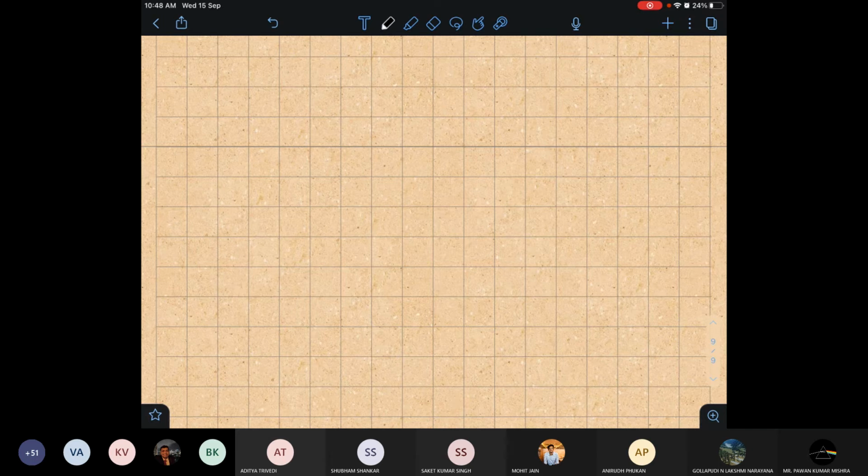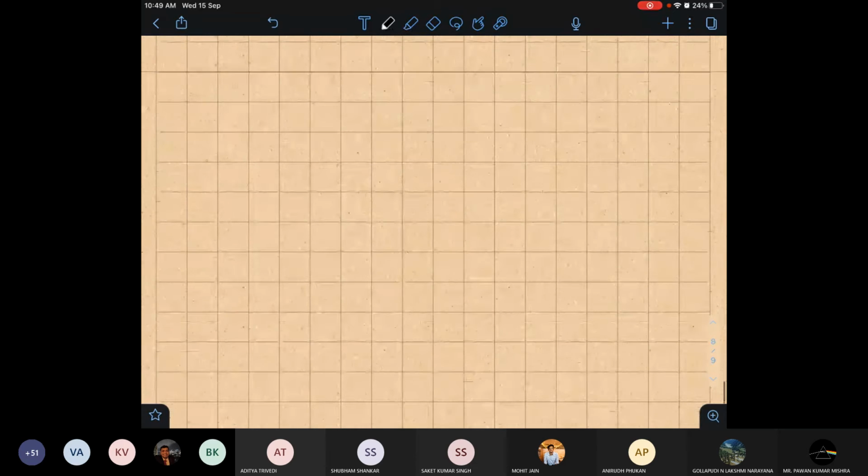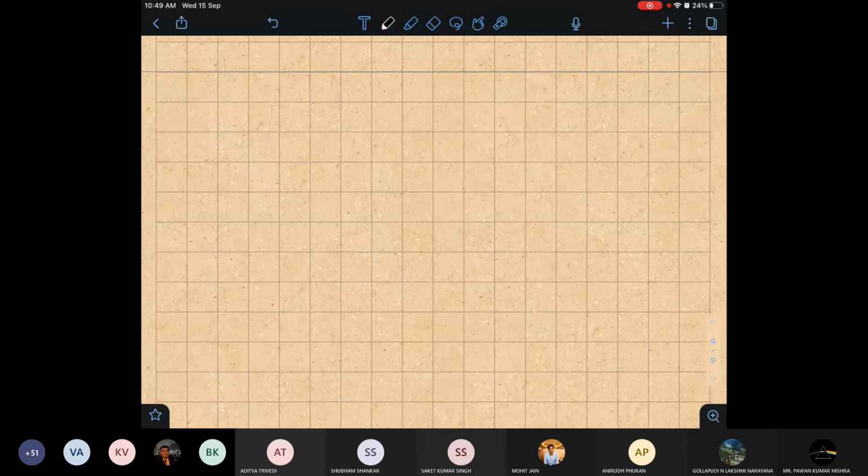The tighter your bounds are, the better you can analyze it. If you see an approximation algorithm paper, the algorithms will be 4 or 5 lines, but the analysis will be 10 or 12 pages. But here, I just gave you a simple problem.